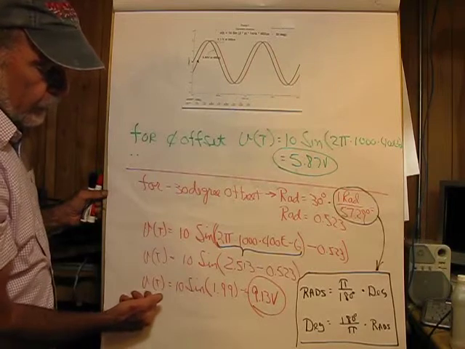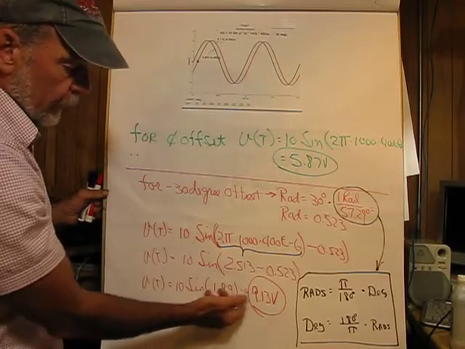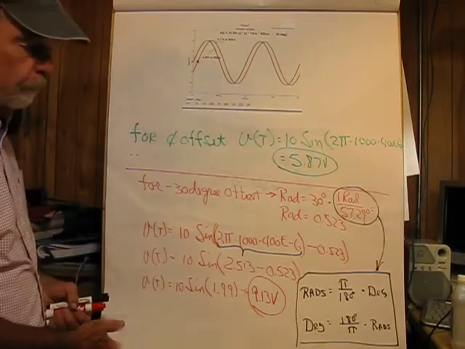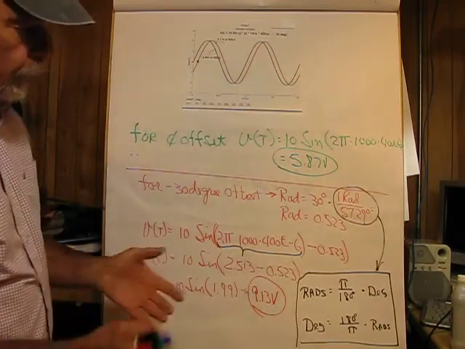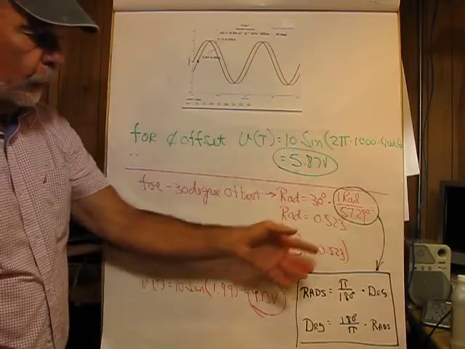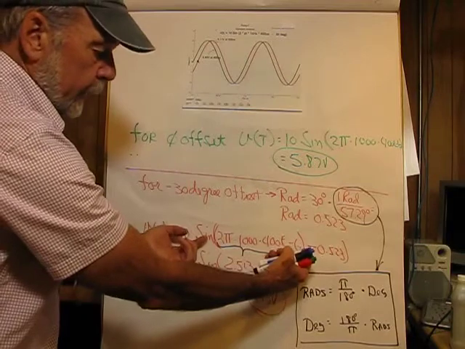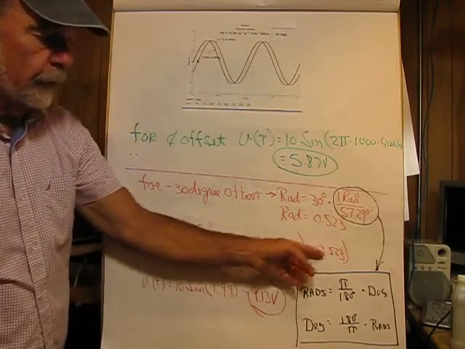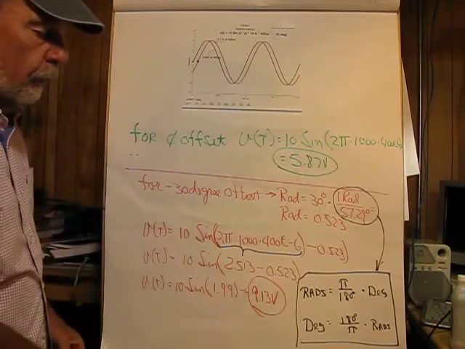And then V of t would equal the sine of that, which would be 9.13 volts. Okay? So for a little refresher here, if you have an offset, you have to convert it into radians, and after you get the big guy here, that is when you do your addition or subtraction of the offset.